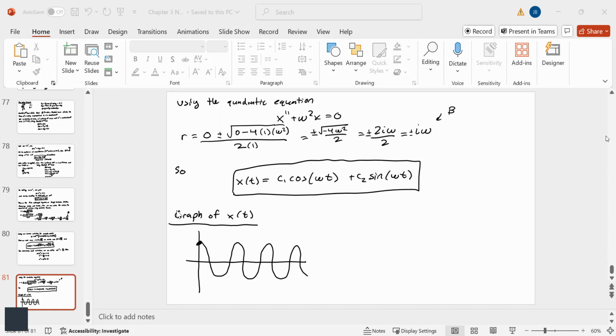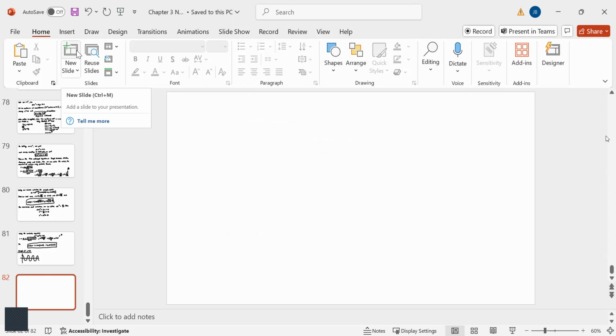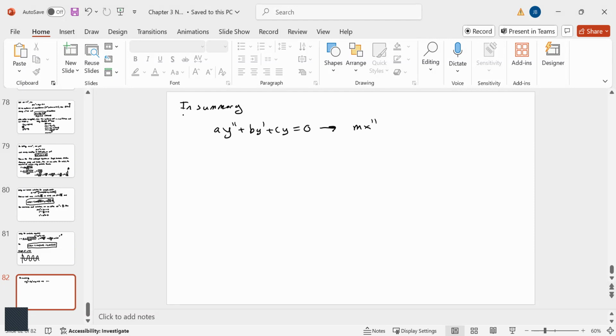So if you're wondering, out of all of that, what do I need to remember or understand? It's basically this. In summary, a y double prime plus b y prime plus c y equals 0 has now become m x double prime plus k x equals 0.